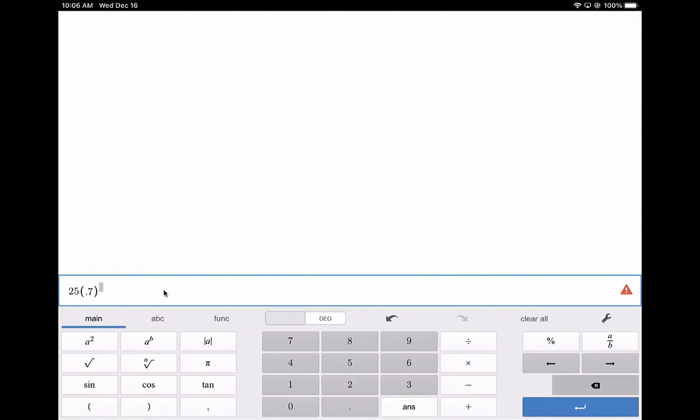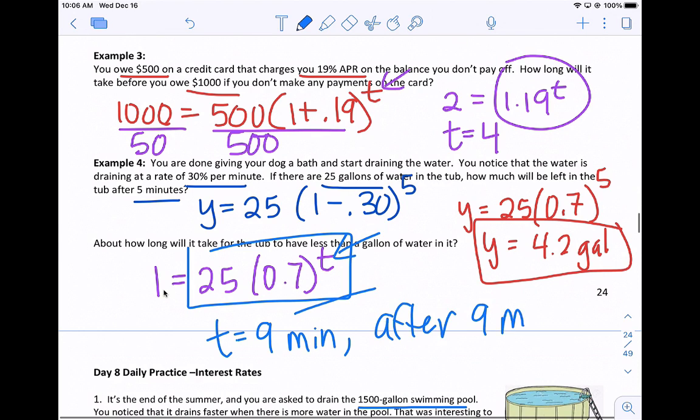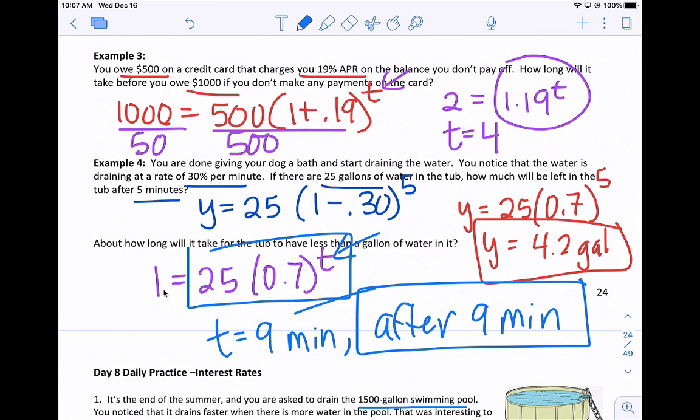Okay, so 10 minutes. Okay, here I have less than a gallon. Let's go to 9 minutes. Okay, so here it is. 9 minutes gives me 1 gallon. So we can say after 9 minutes, we'll have less than 1 gallon. So here, t is about 9 minutes.